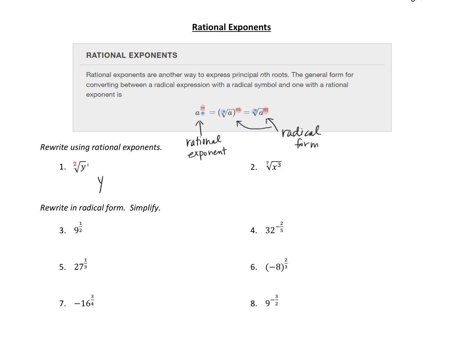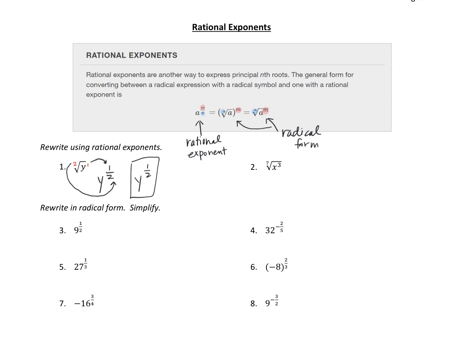So your exponent is 1, your index is 2, so your rational exponent is 1/2. Again, the exponent becomes the numerator, and the root or index becomes your denominator. So y to the 1/2 is what we're looking for here.